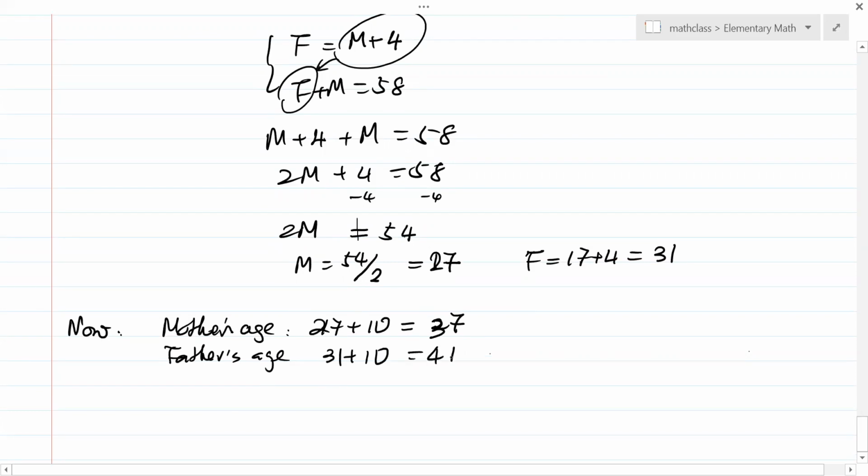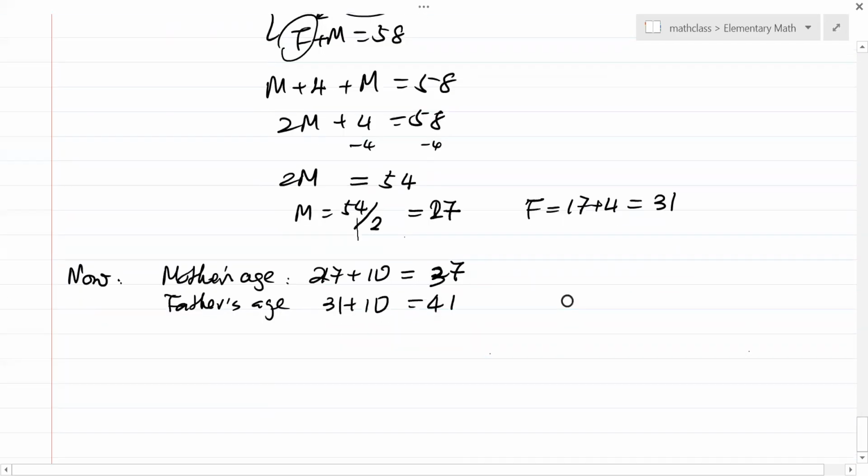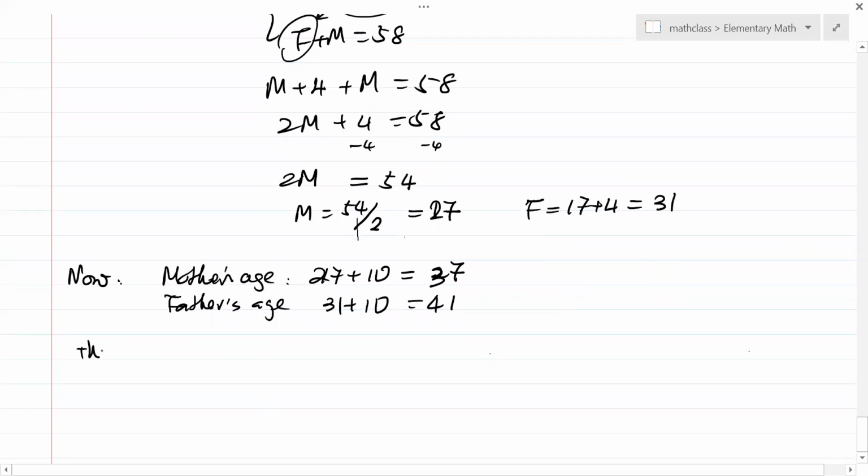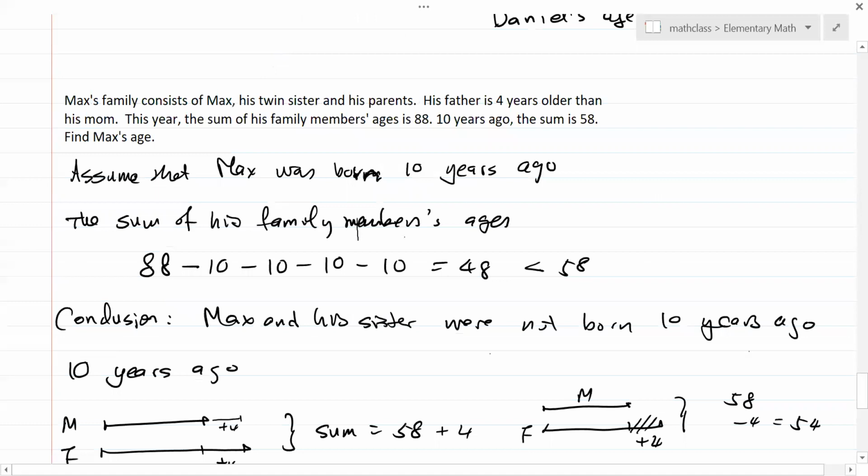So now we know that the sum of the family members' ages, the sum is going to be 88, including Max and his sister's age.